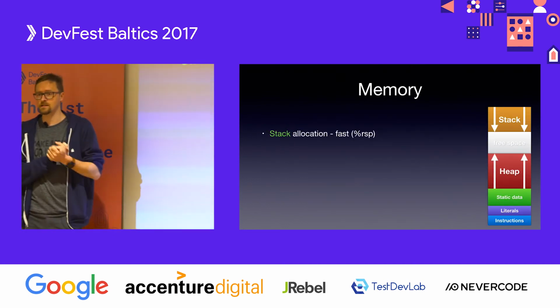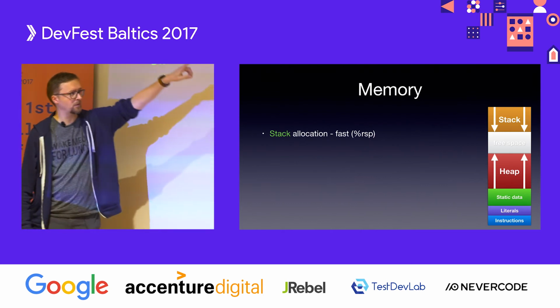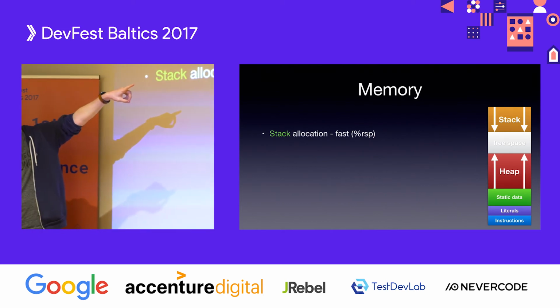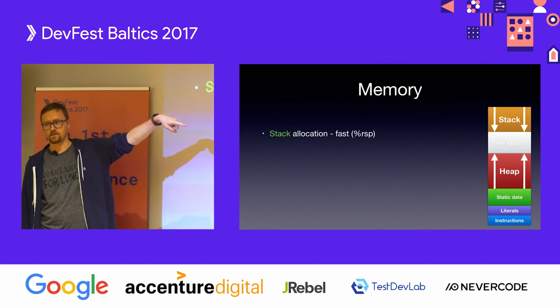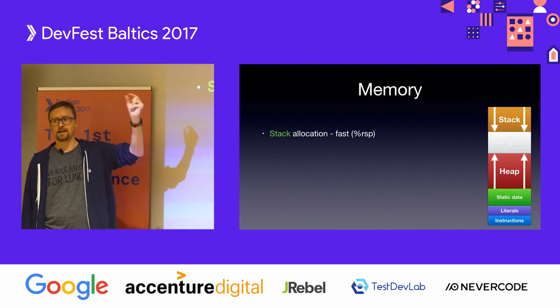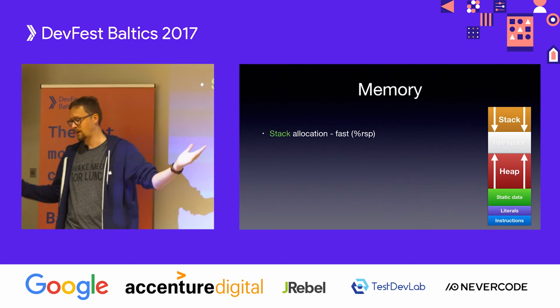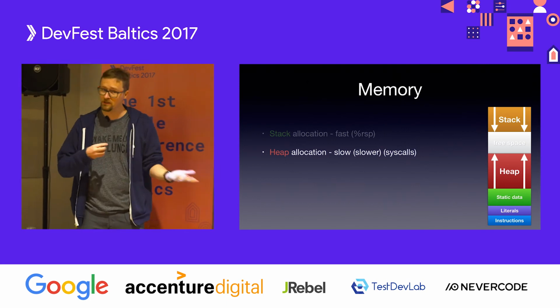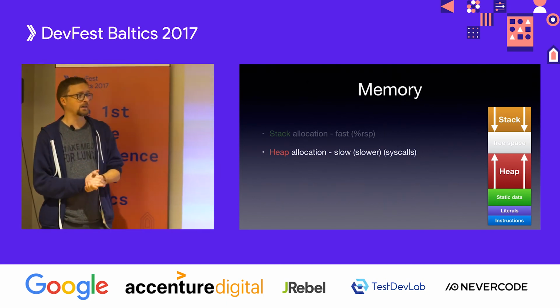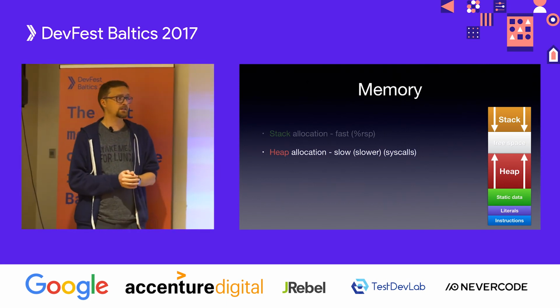Stack allocation is fast. Why is it fast? Because to allocate on the stack, we just change the value of a register, and that's all. We have more memory we can use on the stack. But a heap, well, it's not that easy.